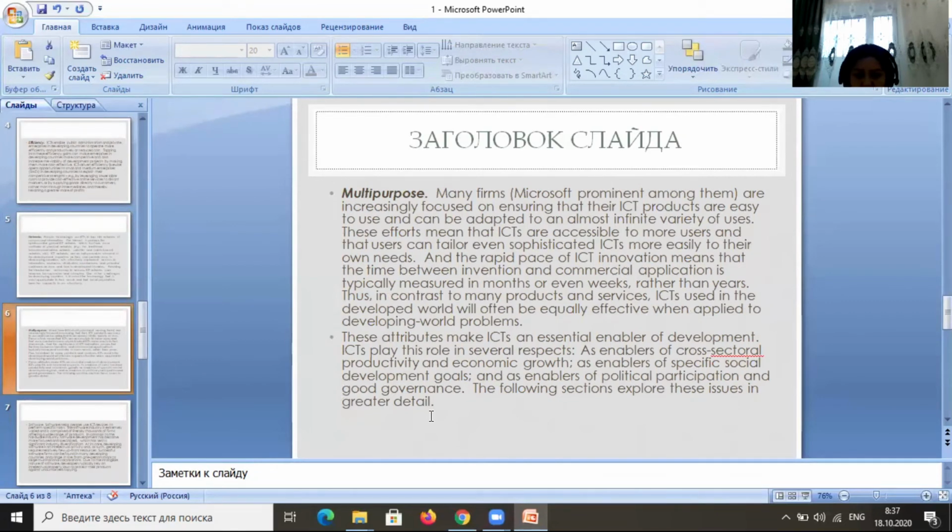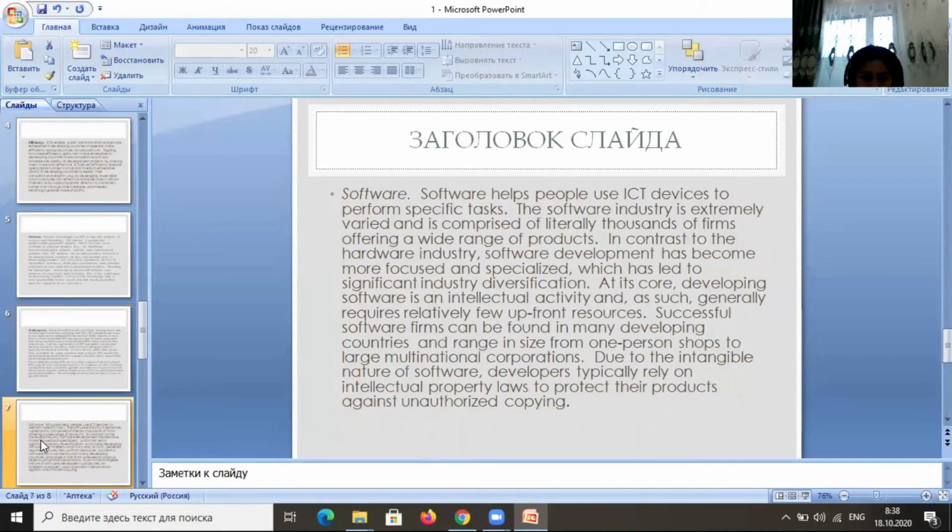ICTs play this role in several respects: as enablers of cross-sectoral productivity and economic growth, as enablers of specific social development goals, and as enablers of political participation and good governance. The following section explores these uses in greater detail.